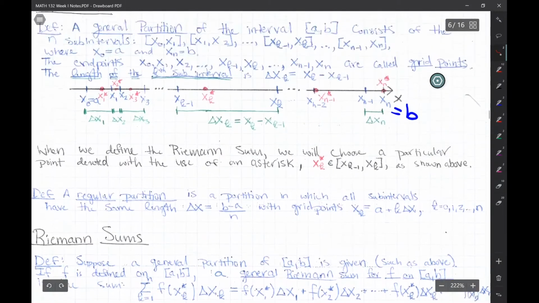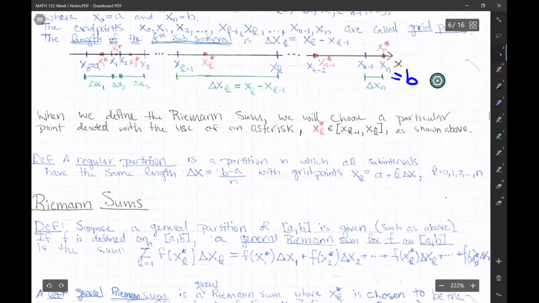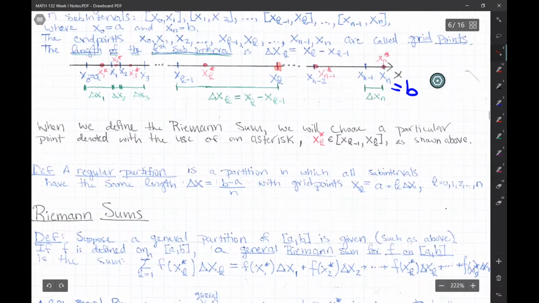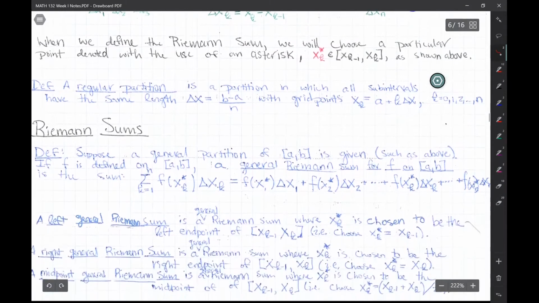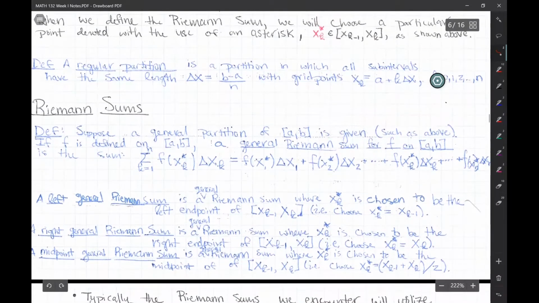Okay, so if we wanted to do a right general Riemann sum, we would choose that point there, and that's what we would plug into the function and multiply by the width of the interval to get the area of a rectangle. A midpoint general Riemann sum is one that's right in between.